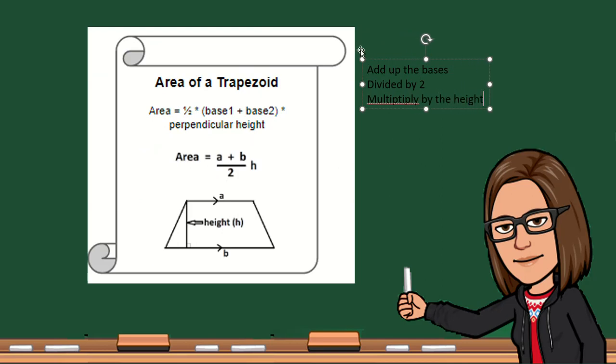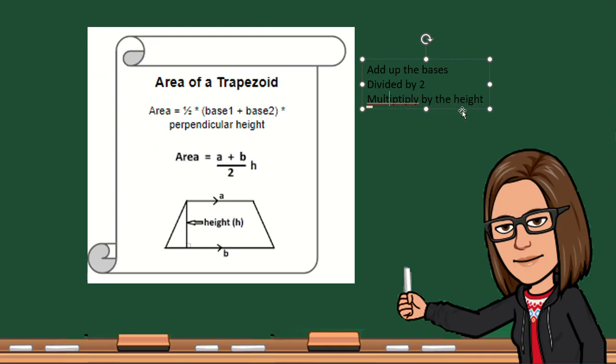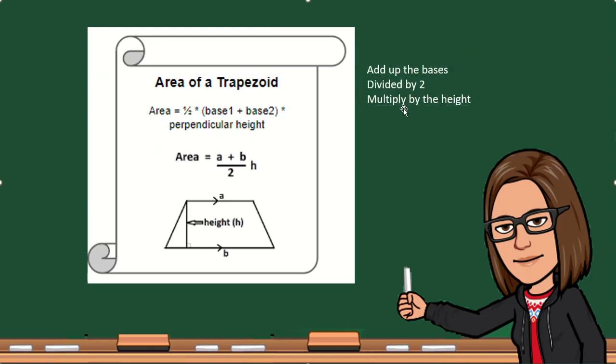So this is exactly what you're going to be doing. You're going to add up the bases first, then you're going to divide by 2, and then you're going to multiply by the height.